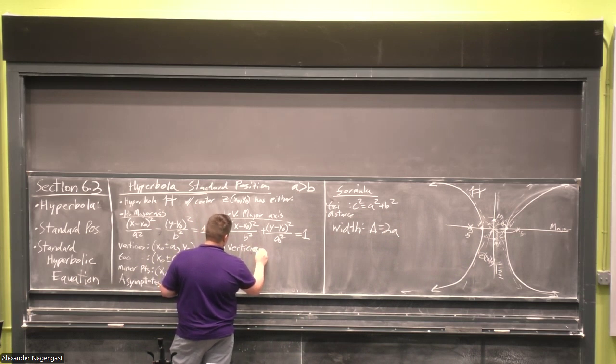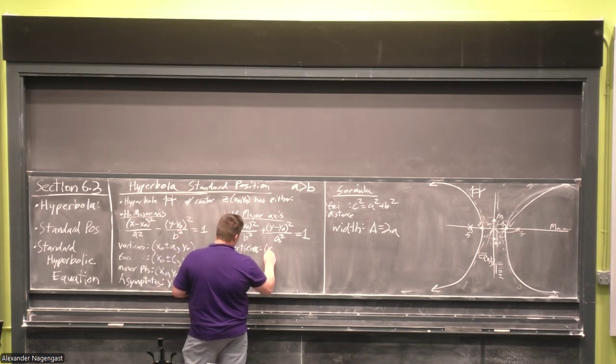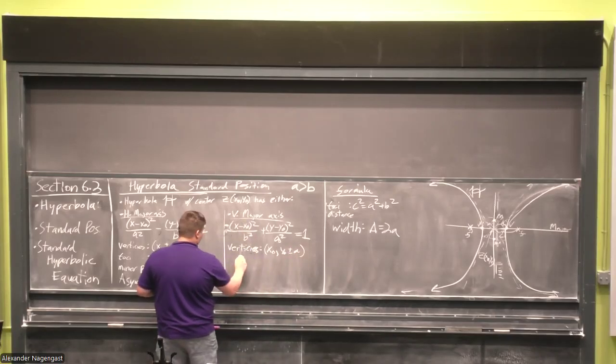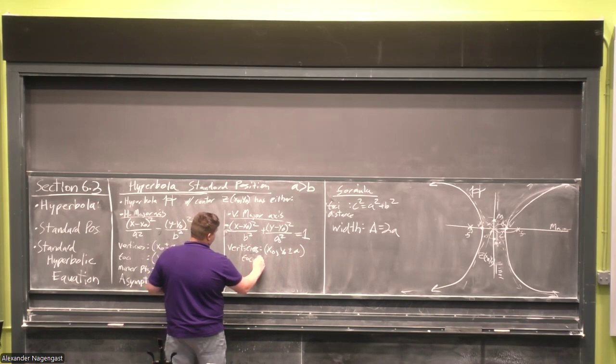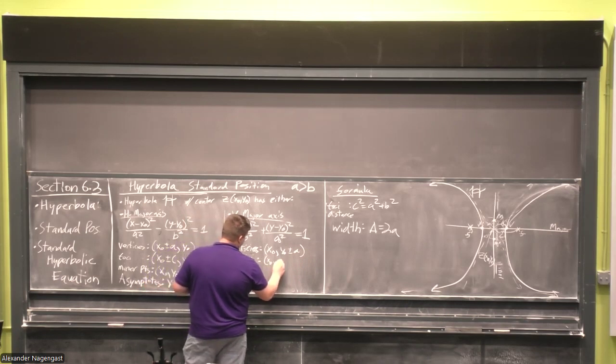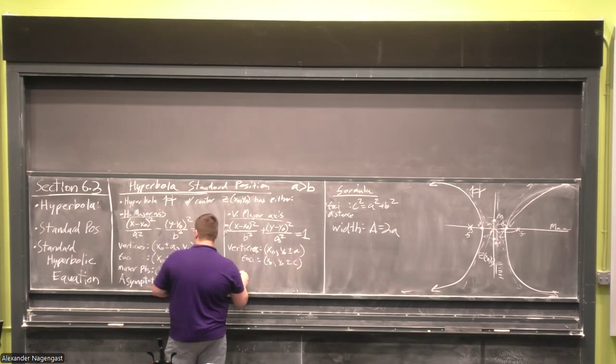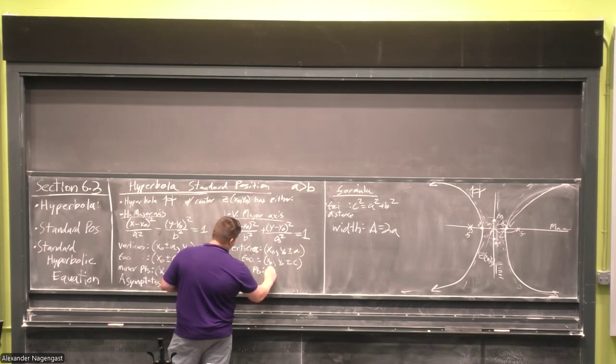equations to find our vertices, which we're going to have x naught, y naught plus or minus a. Our foci will be x naught, y naught plus or minus c. We'll have our minor points be x naught plus or minus b, y naught.